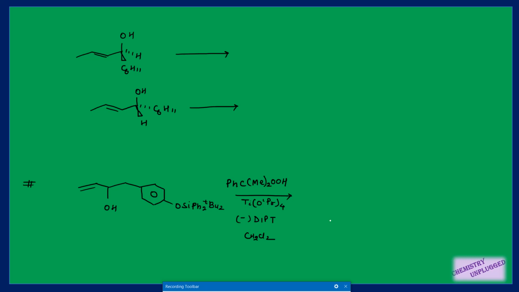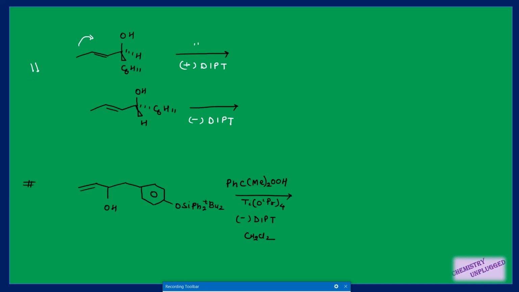I'm telling you that I'm taking only examples which are difficult, right? I'm not taking the basic type of examples. Here we have again an allylic alcohol, right? So conditions are similar to the previous one, but in the first case suppose I have plus DIPT. So you have to first draw this double bond in vertical form when you rotate it by 90 degrees.